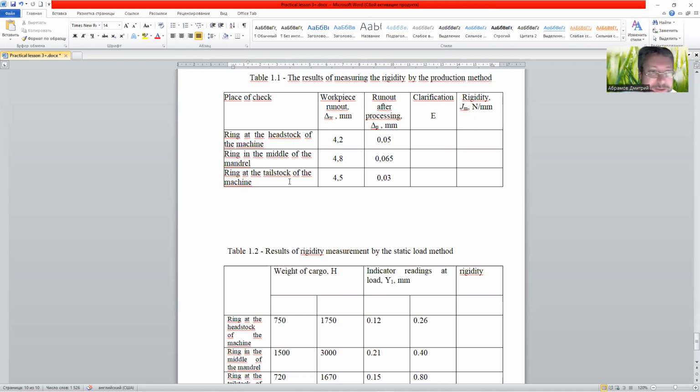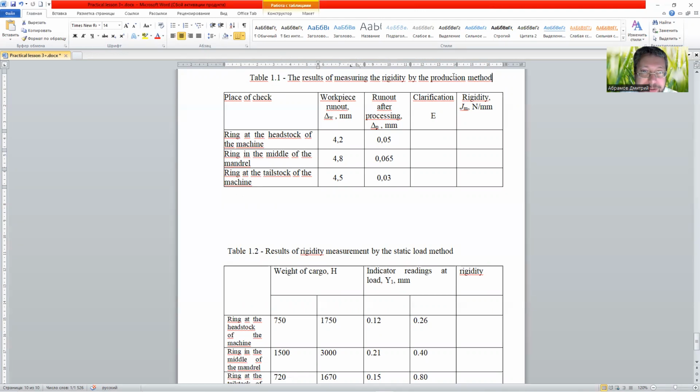Okay, let's continue. You should use these values of the parameters and calculate the rigidity of the lathe. We should use two methods.